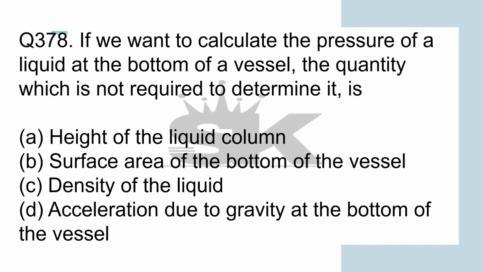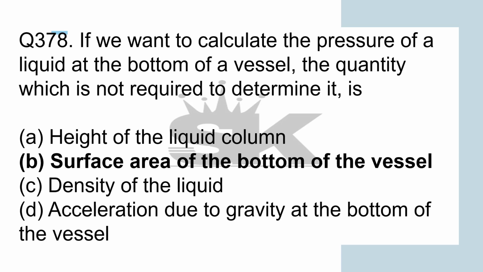If we want to calculate the pressure of a liquid at the bottom of a vessel, which quantity is not required to determine it? Actually, we have discussed this question previously. So here the answer is the surface area of the bottom of the vessel.